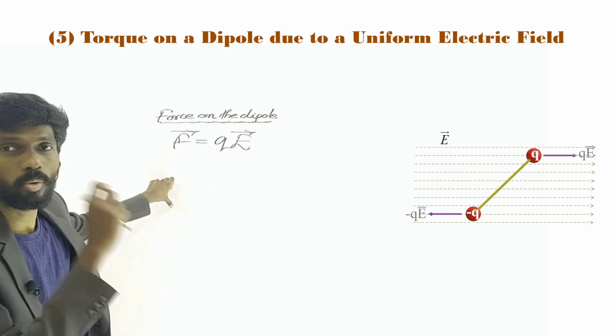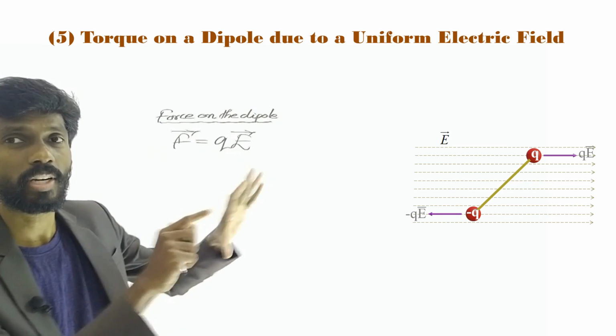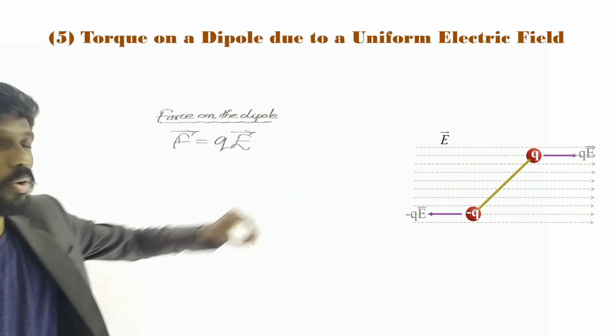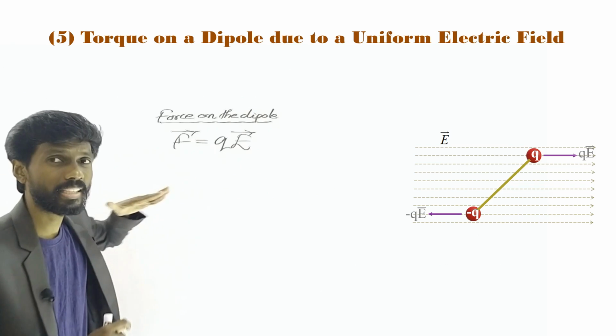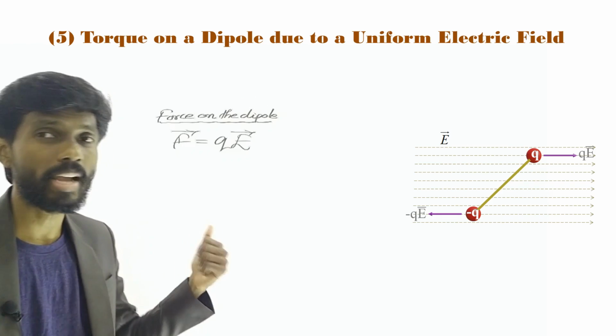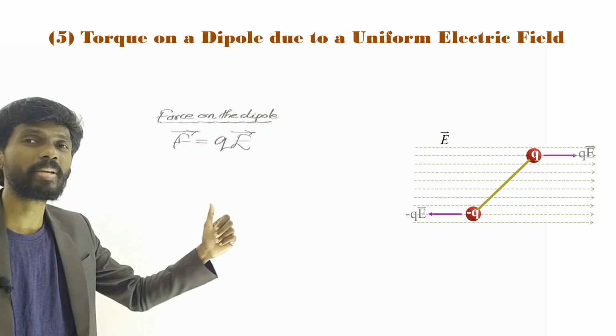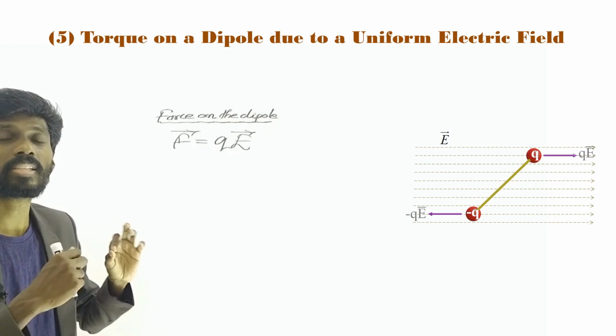Because this charge Q is positive, the force on that charge is in the direction of the electric field only. That means a positive direction. So the force on the charge Q is in this direction. Now similarly, we'll find the force on the charge minus Q. That will be in the opposite direction because it is a negative charge. It will be in the direction opposite to the electric field.